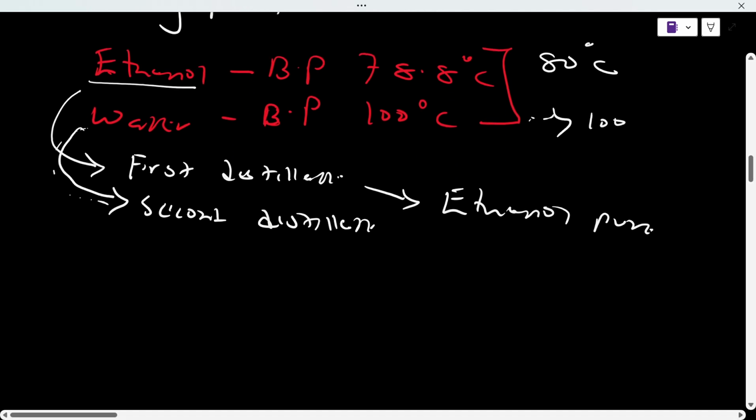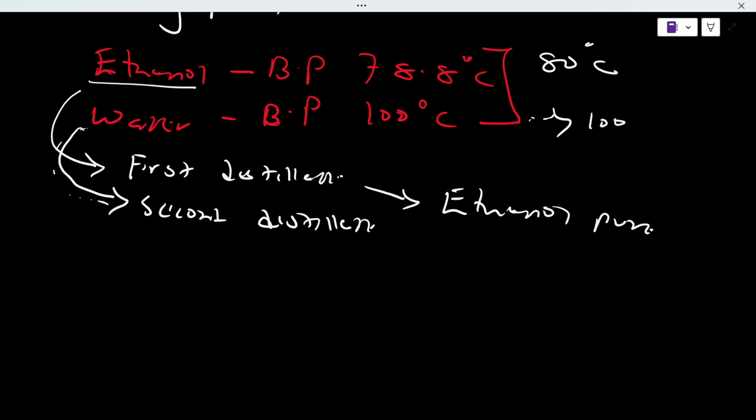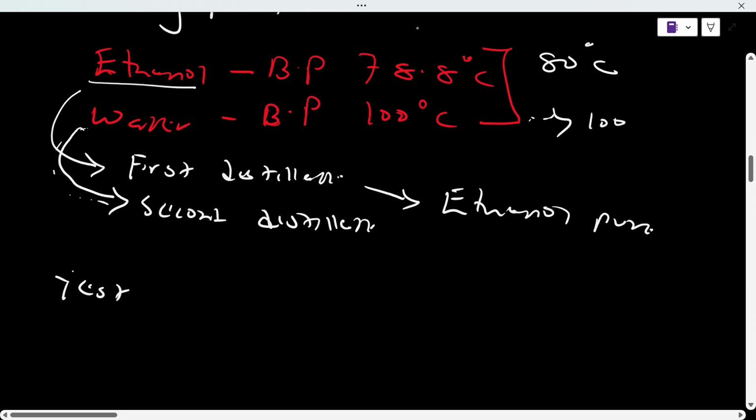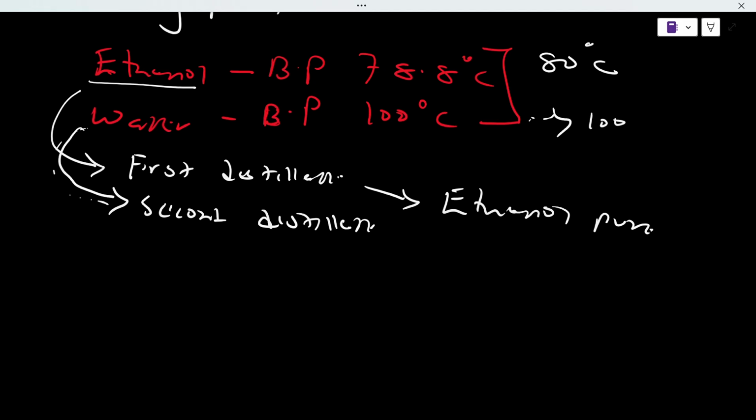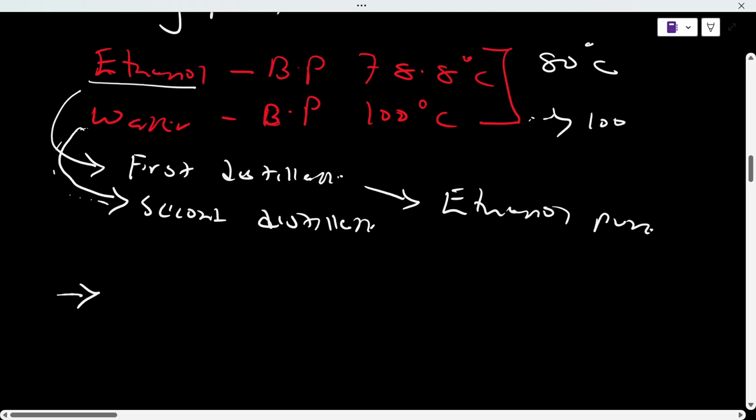Now, there are key things that you need to know. How do we remove yeast cells? Remember, we were using yeast as our catalyst in this reaction. So how do we remove them?